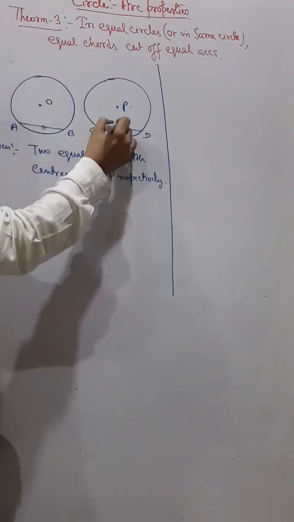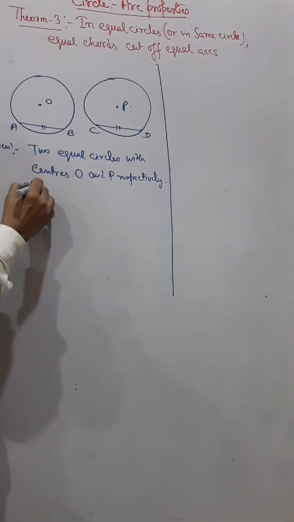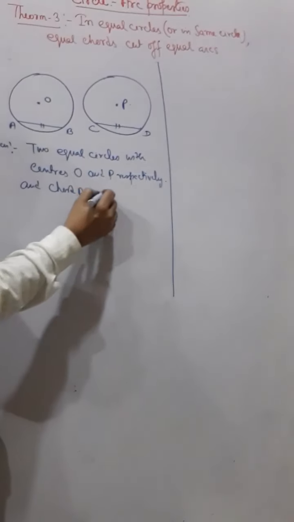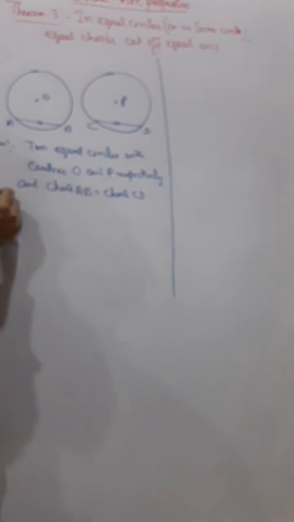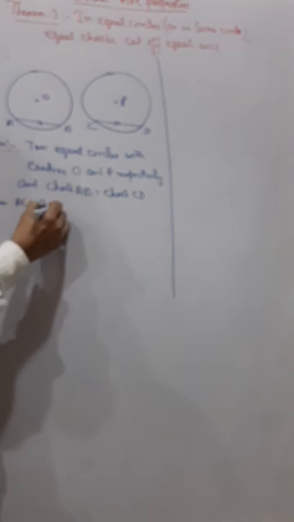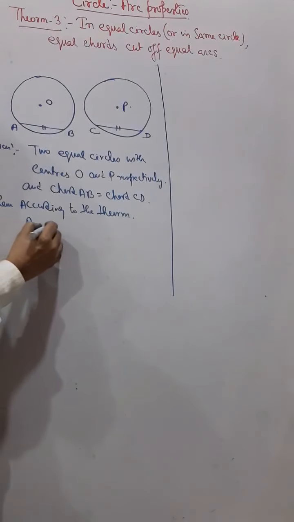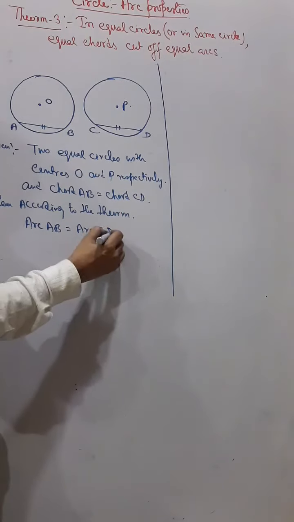So this is equal to this. And chord AB is equal to chord CD. Then according to the theorem, arc AB is equal to arc CD. Understand?